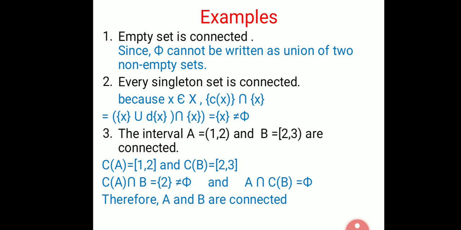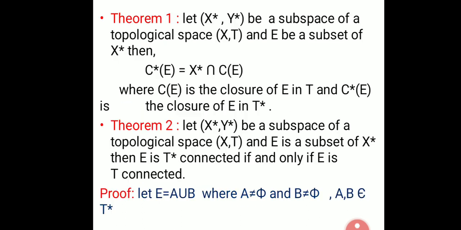As we know that closure of A is equal to closed interval [1, 2] and closure of B is equal to closed interval [2, 3]. So the closure of A ∩ B is {2}, which is not equal to φ, and A ∩ closure of B is equal to φ. Therefore, we can say that A and B are connected sets.